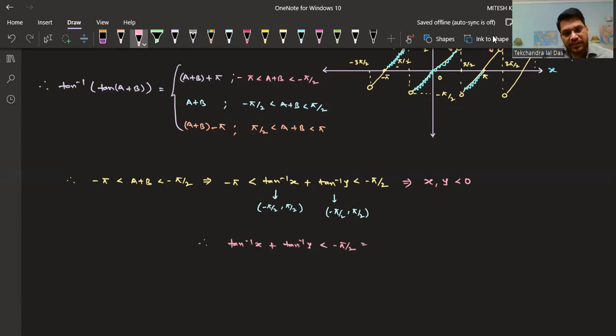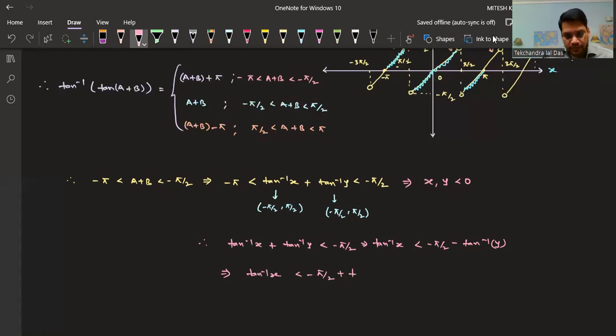Okay, now let's take this tan inverse y to this side. So we'll get tan inverse x is less than minus pi by 2 minus tan inverse y. Correct, no? Now from here also we can say tan inverse x is less than minus pi by 2 plus, can we take this minus here?